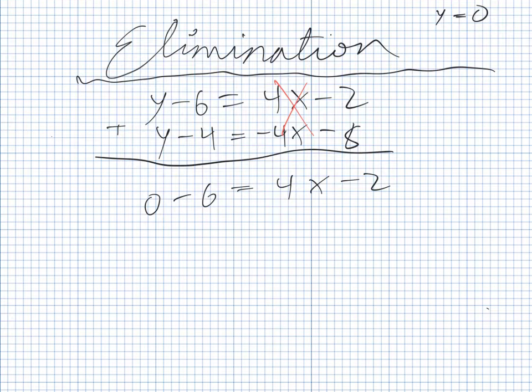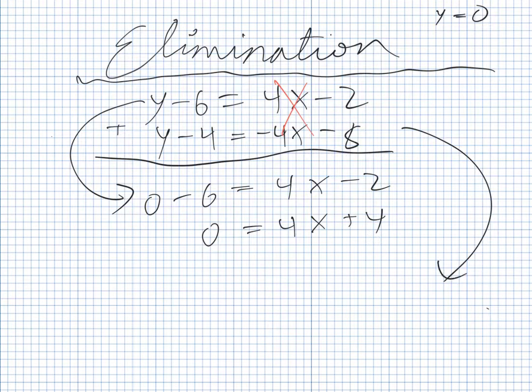And then we simplify this by saying 0 equals 4 times x plus 4. Then we're going to do the bottom equation, which is 0 minus 4 equals minus 4x minus 8, which we can then simplify by saying 0 equals negative 4x minus 4.